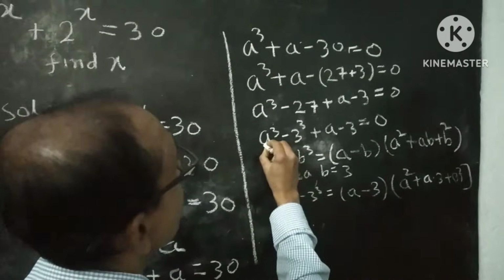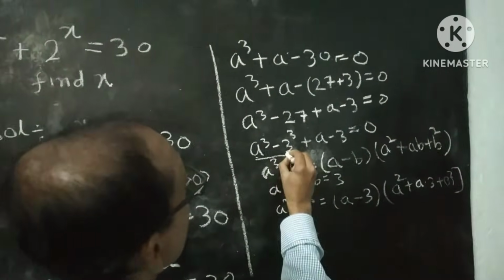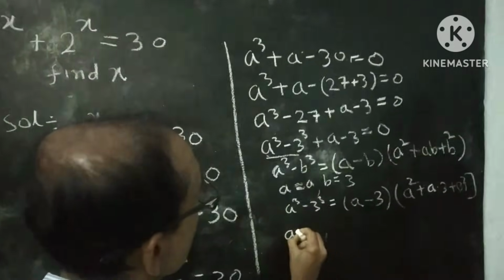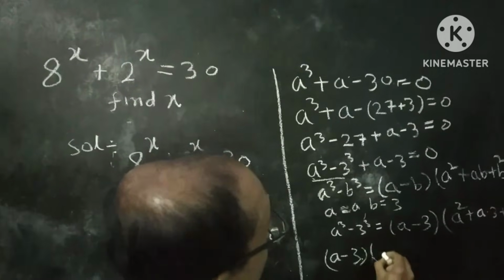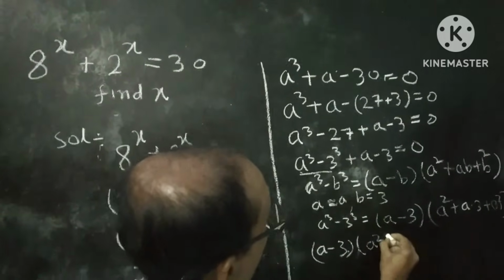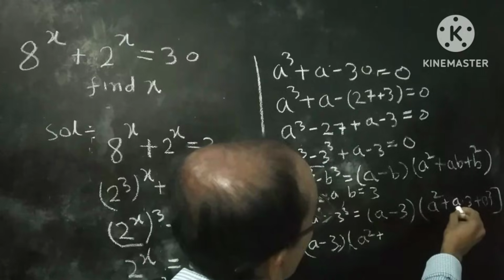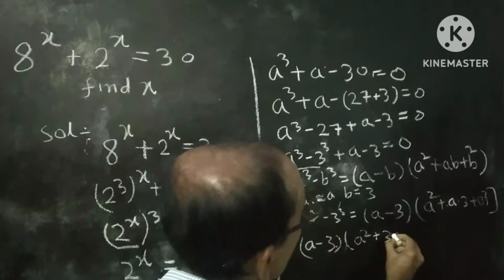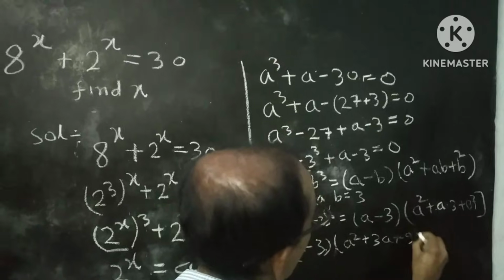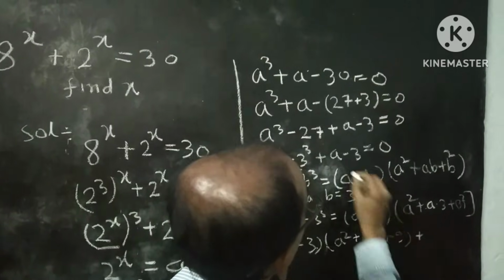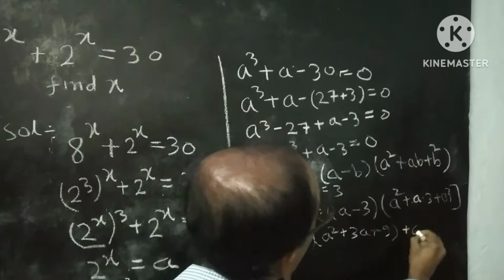So here we put the value of a cube minus b cube, so it becomes (a minus 3)(a square plus 3a plus 3 square, means 9) plus a minus 3 equal to 0.